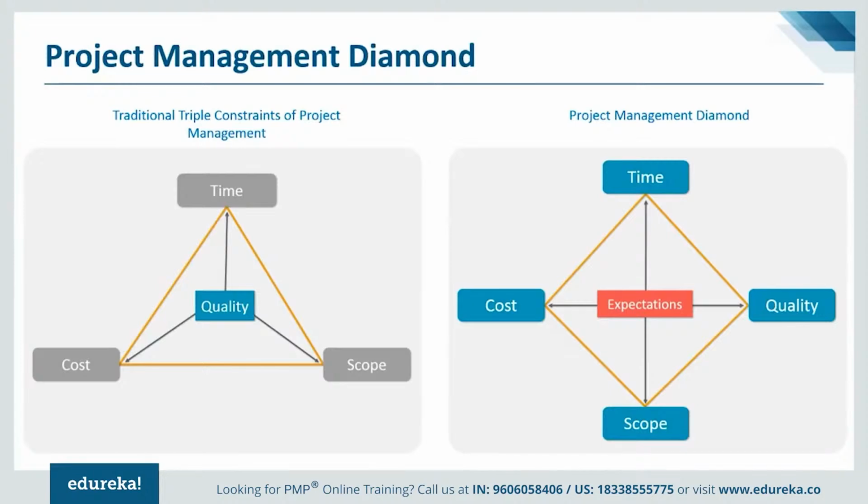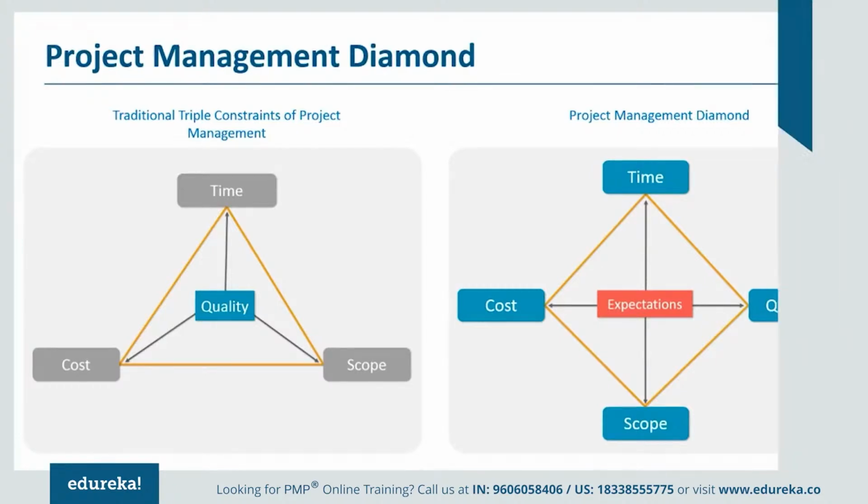If any of these constraints are not achieved, then obviously your customers will not be happy, and therefore it's important to also look at customer satisfaction as one of the constraints. So if you ask me how effective a project manager is, I would rather see how effectively the project manager is managing the constraints of the project, based on which the effectiveness of the project manager would easily be determined.